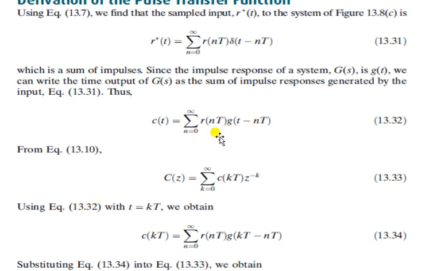So in this equation we are going to put t equal to capital K into t. So instead of writing t, we will write k into t. So this equation will become c kt equal to r nt small g. Instead of this small t, we are writing kt minus nt.